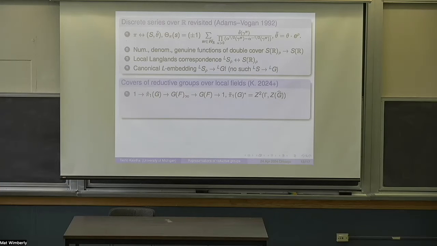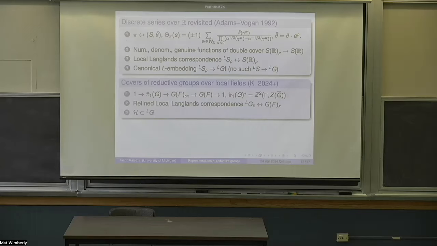And here is a little bit of information about this fundamental group. It's related to the Galois cohomology of the center of the dual group. And moreover, anytime there is a refined local Langlands correspondence for these covers, there is an L group that you can define for them.